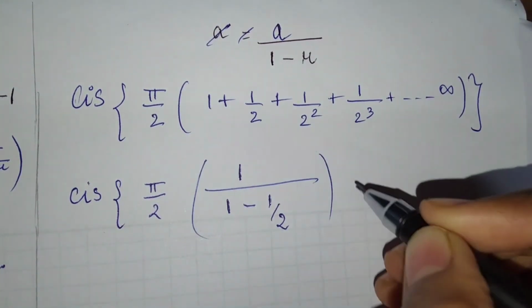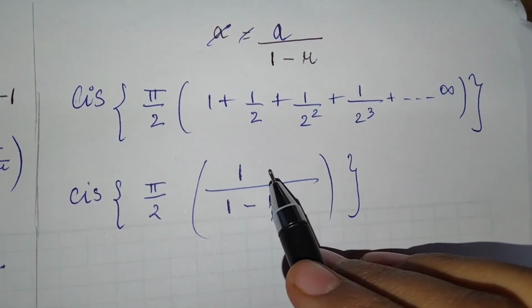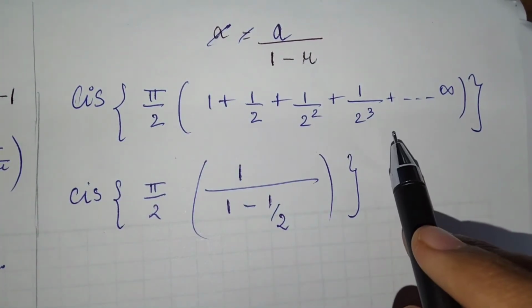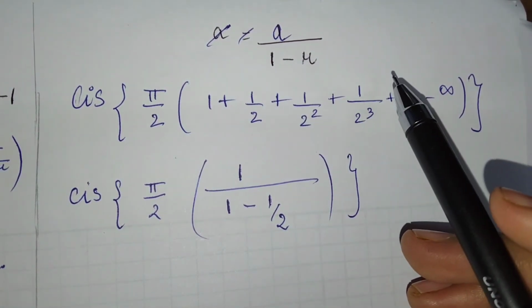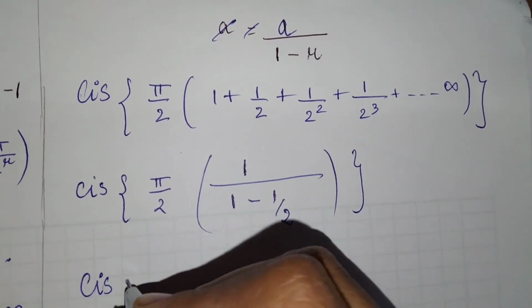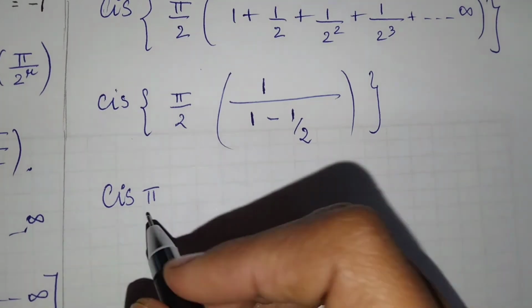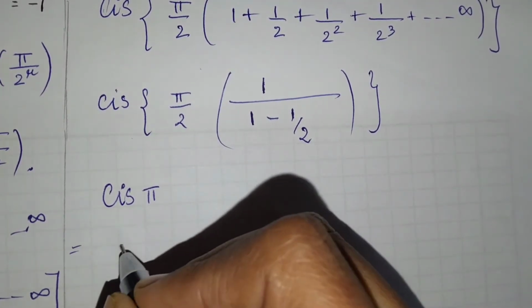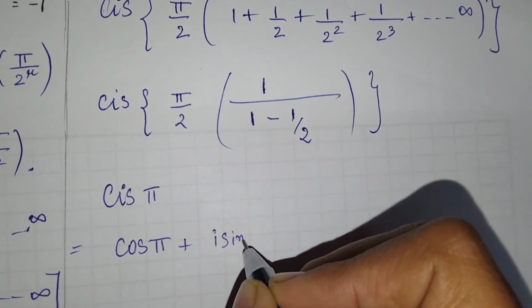So as it is a geometric series, we have expressed this whole term in the form of a upon 1 minus r. If you solve it further, you will get cis pi, and if we write its form, we get cos pi plus i sin pi.